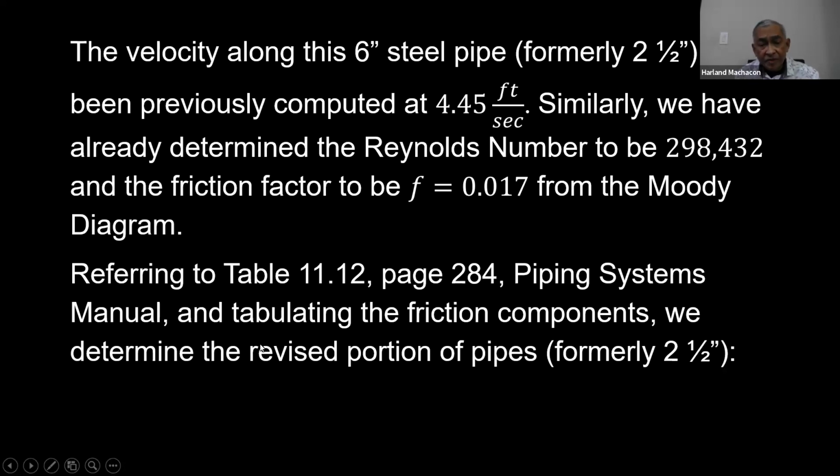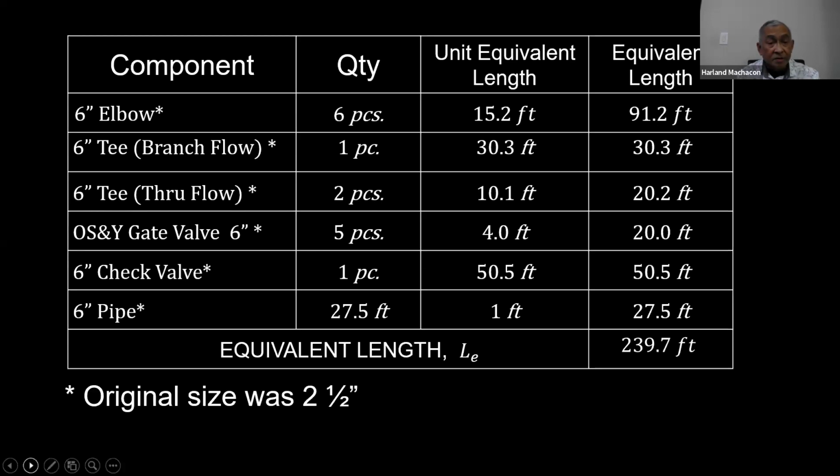And from the piping systems manual, tabulating the friction components of this revised portion of pipes, formerly from 2.5-inch diameter to now 6-inch diameter.